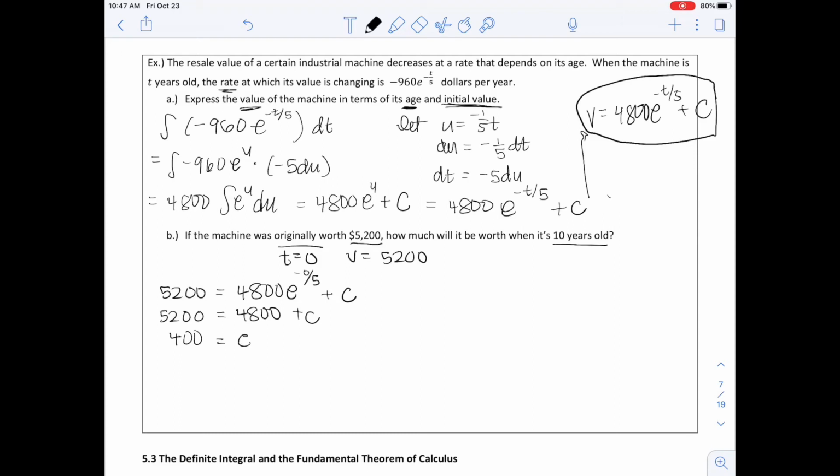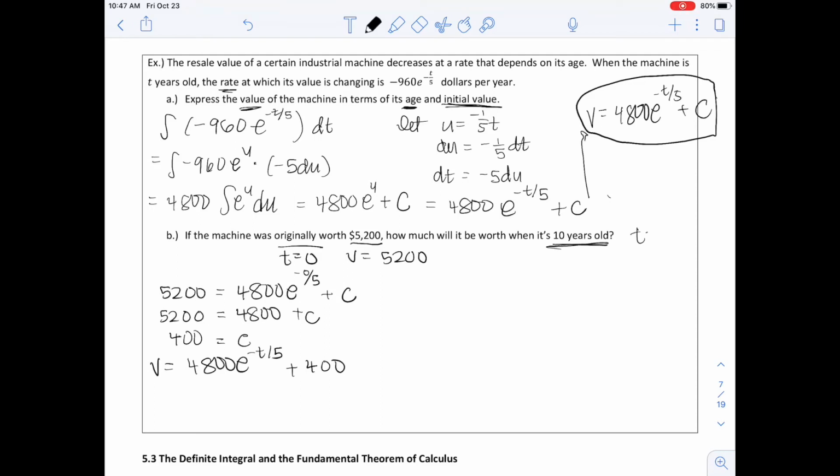So that fixed amount is 400, and our new function is v equals 4,800 e to the negative t over 5 plus 400. Then I have to find what happens when it is 10 years old.